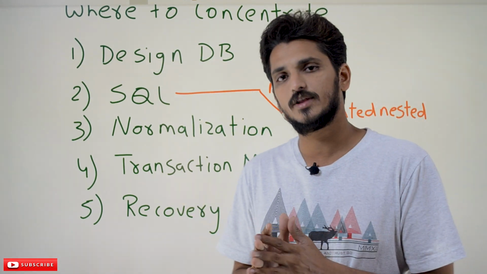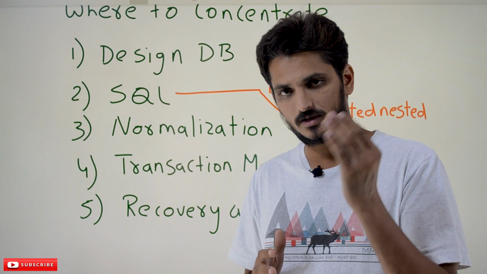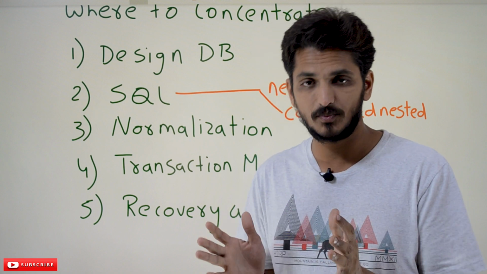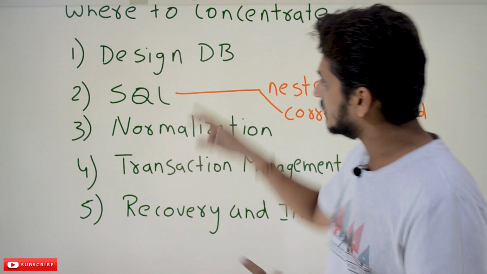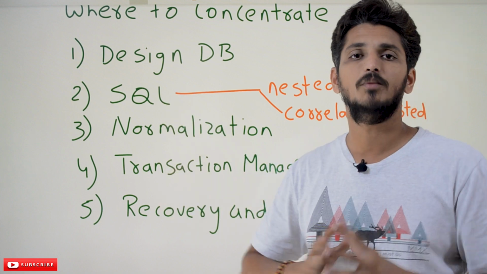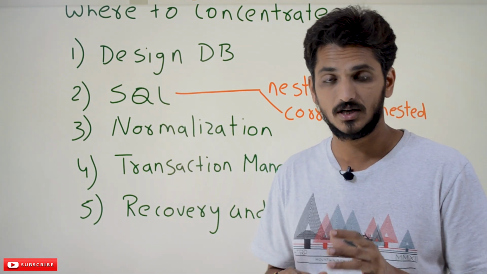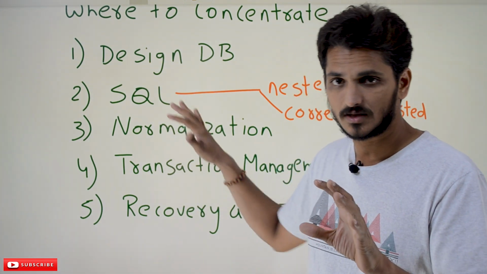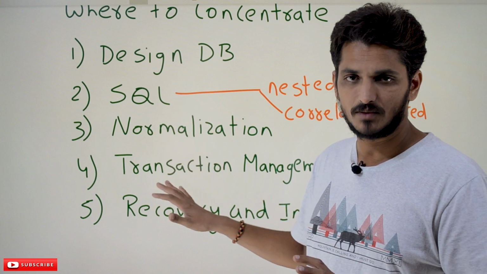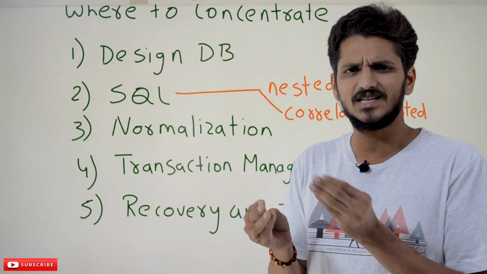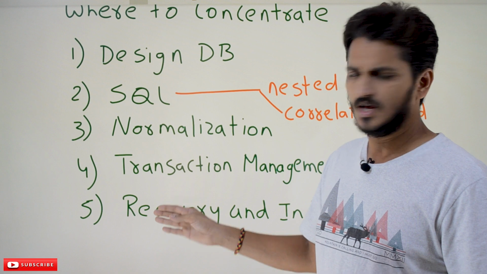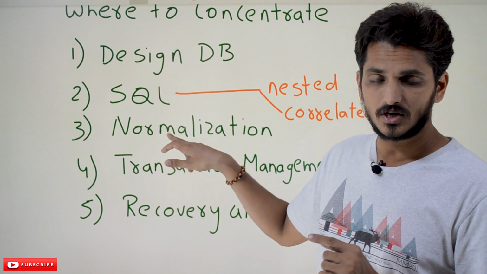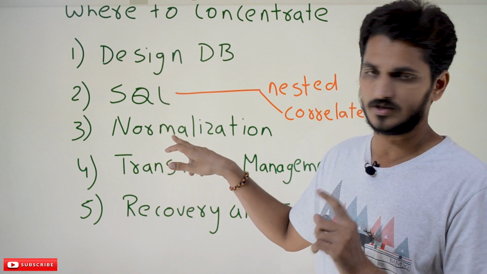If you want to go for a software job, like in service-based companies or product development companies, the first 2 parts are very important. It doesn't mean you don't need to study the remaining parts. Normalization is also important if you want to go for a software job.